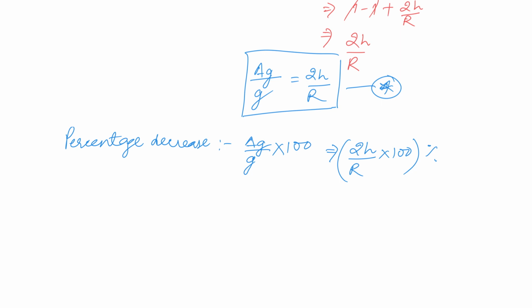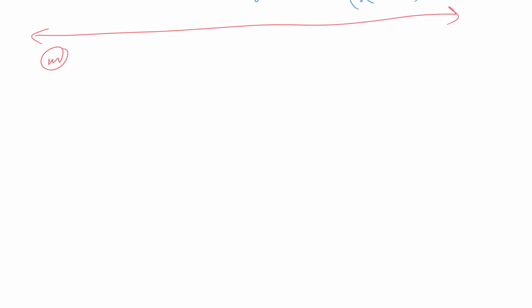Now let's talk about the variation of g. Third one is variation of g with respect to depth, that is, variation of g due to depth.